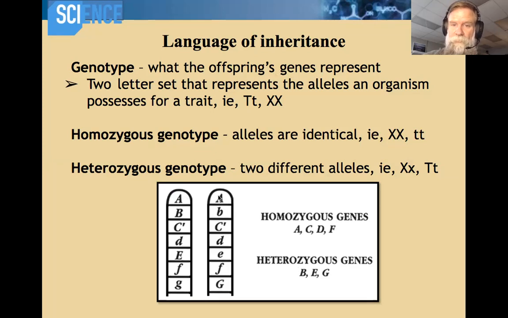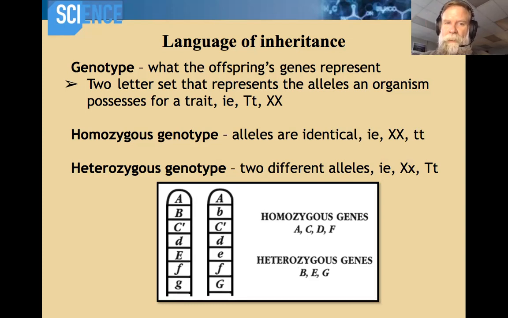We could get dominant from both parents. You could get dominant from one and recessive from the other. You could get recessive from both. Or you could have it reversed and have recessive from that first parent and dominant from the second. Those two letter sets are called genotypes.